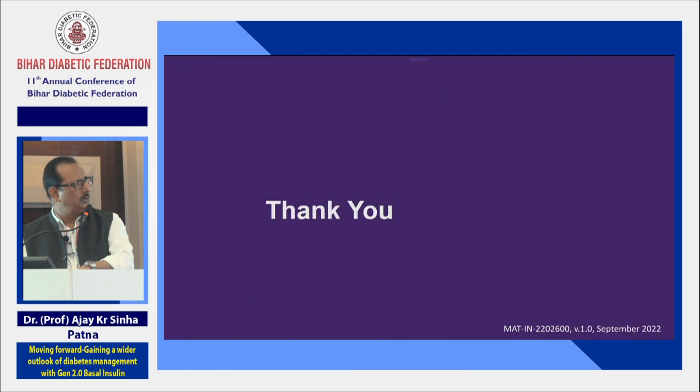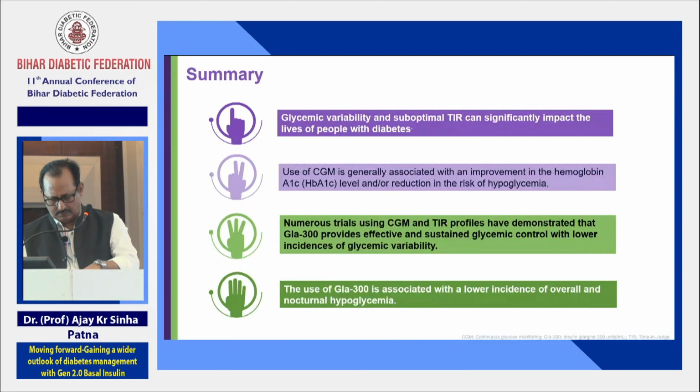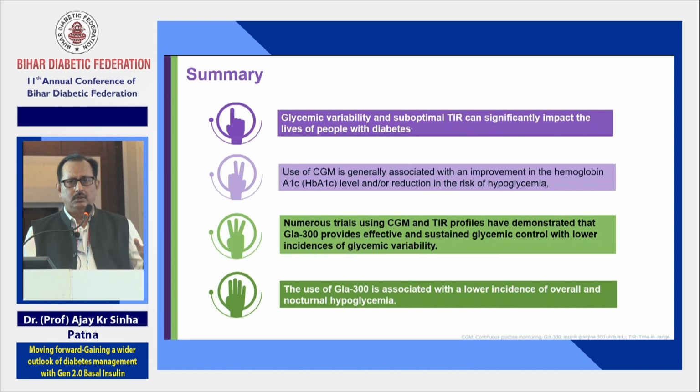So to conclude, glycemic variability and suboptimal TIR can significantly impact the lives of people with diabetes, which is well proved by some of the smaller studies. Use of CGM is generally associated with an improvement in HbA1c level and a reduction in the risk of hypoglycemia.